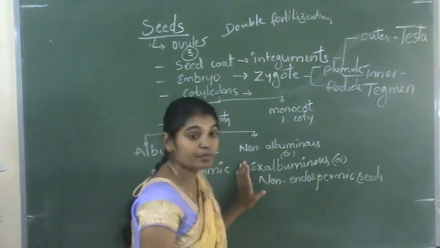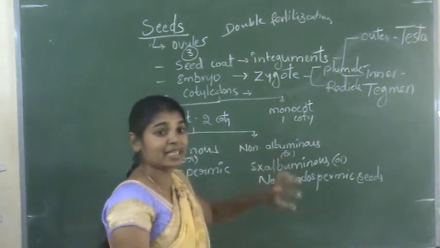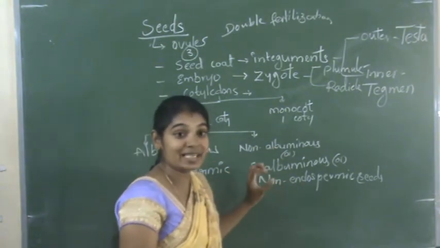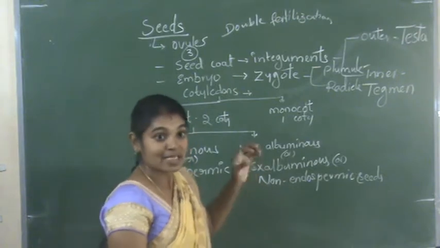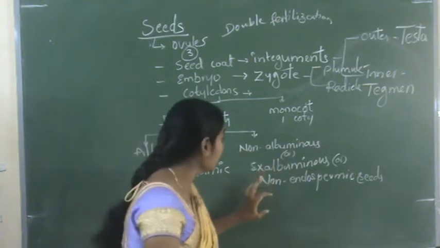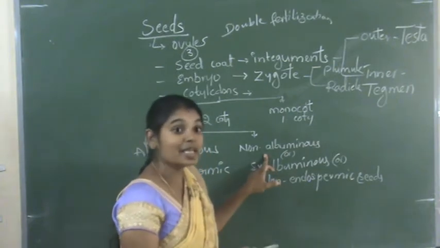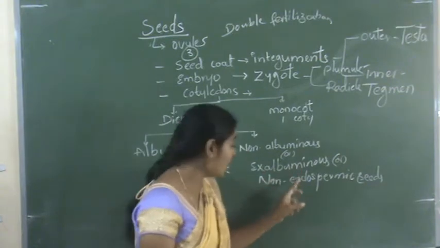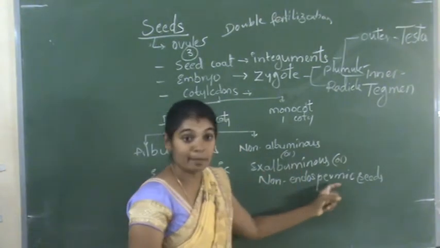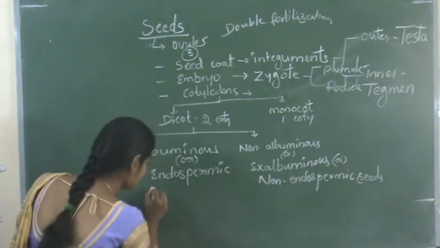Here the endosperm is not present. The complete endosperm is consumed by the embryo for its development. Such seeds are called non-albuminous. That means in these seeds there is no endosperm. Let us see a couple of examples for this.